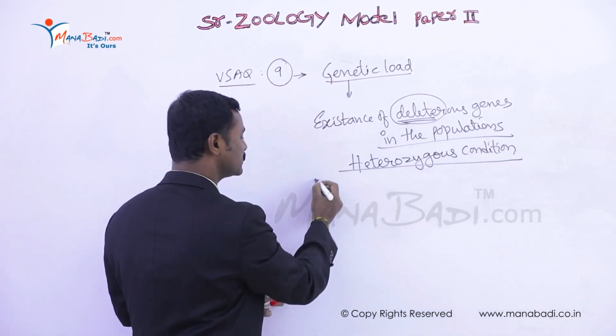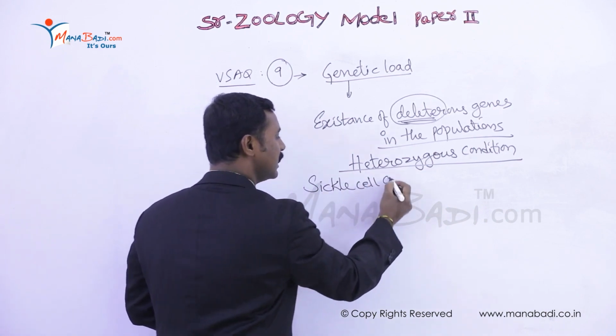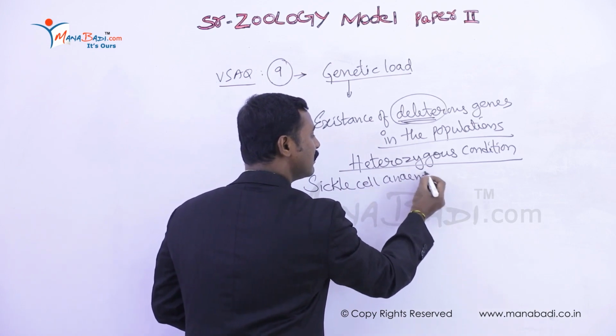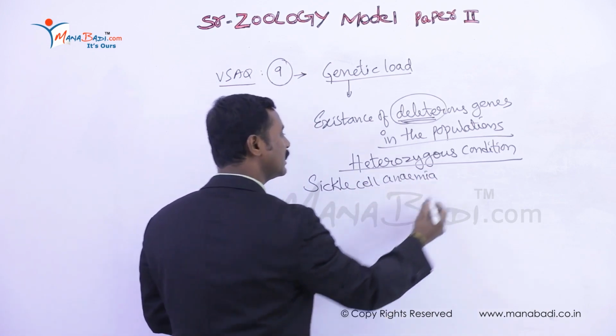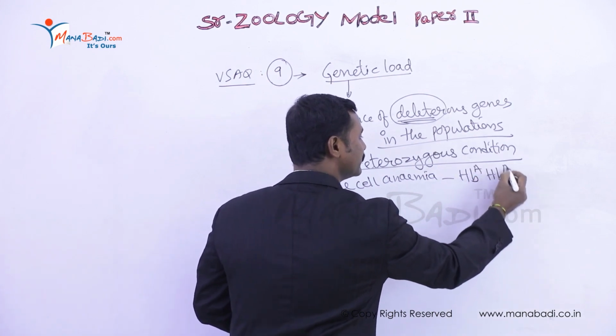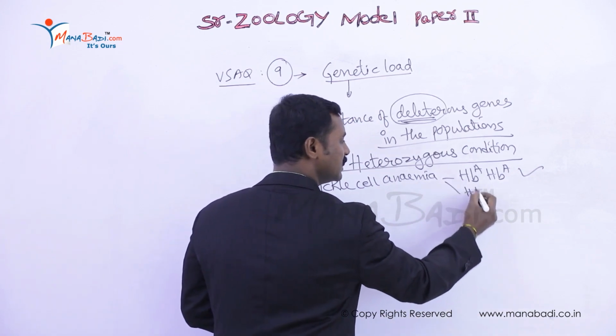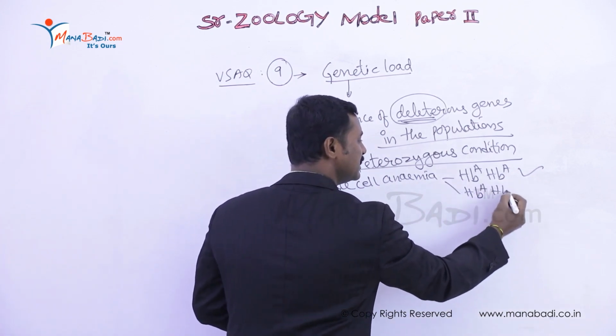For example, take sickle cell anemia. HbA is a normal person's genome. Now you see HbA, HbS.